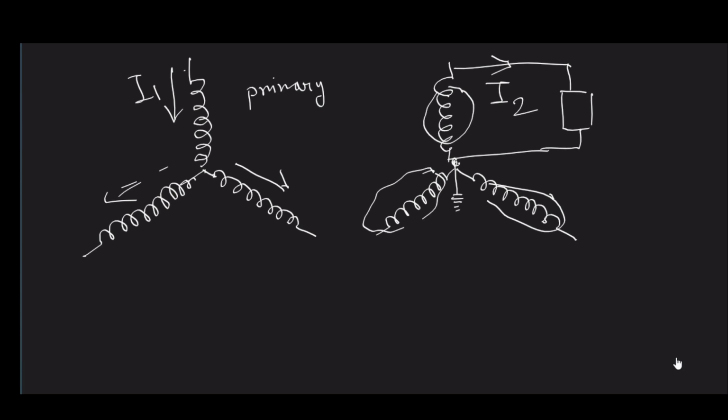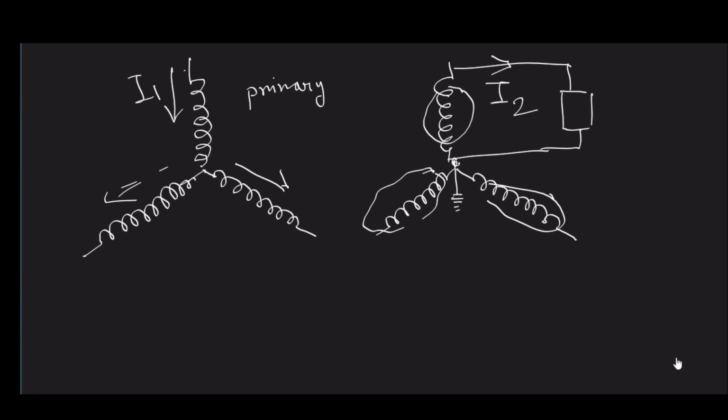Why? Because here I2 is flowing, I2 is high, and the adequate amount of compensating magnetizing element cannot be produced by the primary side, because the primary side current is facing a high impedance path.